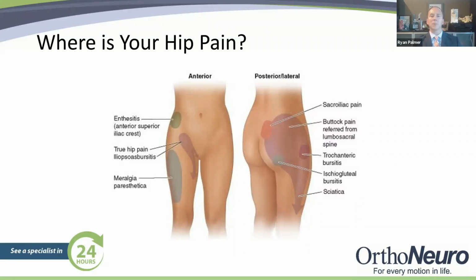Certainly posterior pain is typically more back-related pain. It can be focused around the sacroiliac joint, or what we know as the SI joint. There are some different bursa sacs posteriorly that can be inflamed. That could be just inflammation of the bursa, or what we call bursitis.